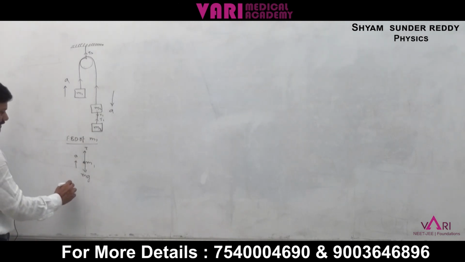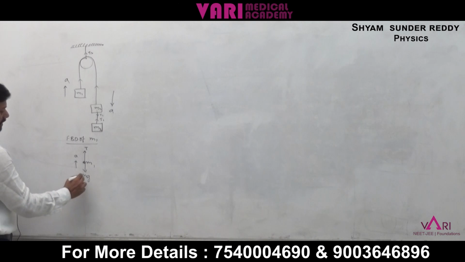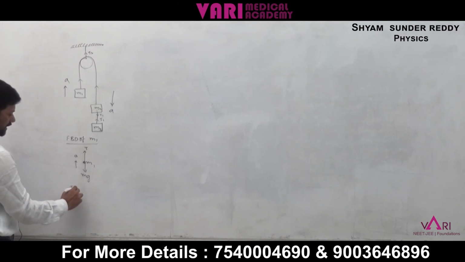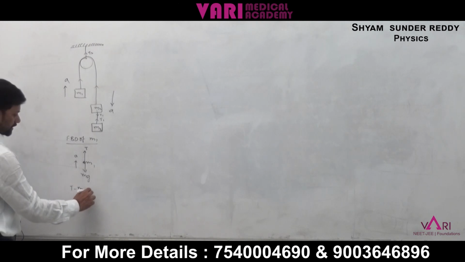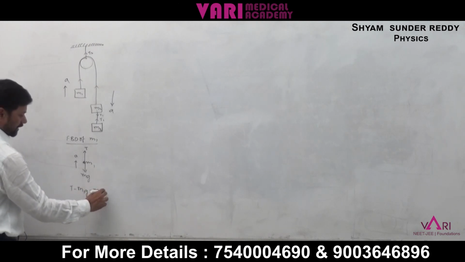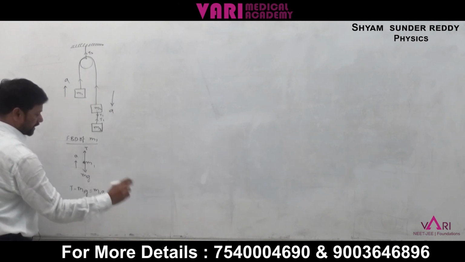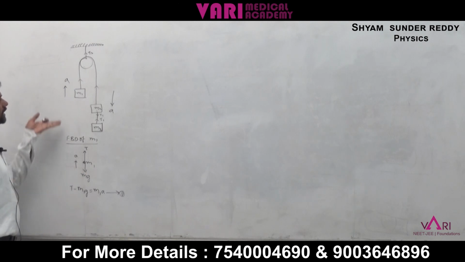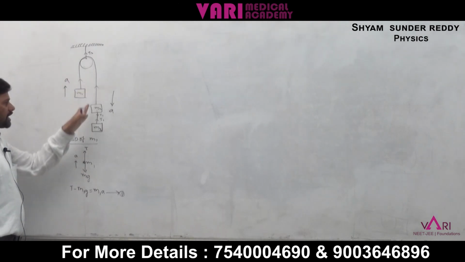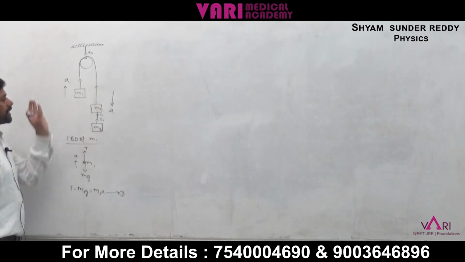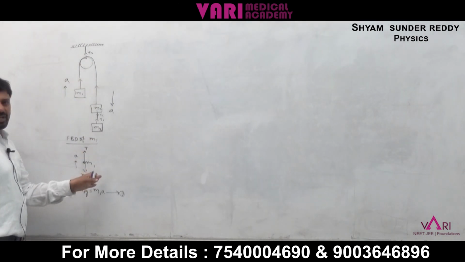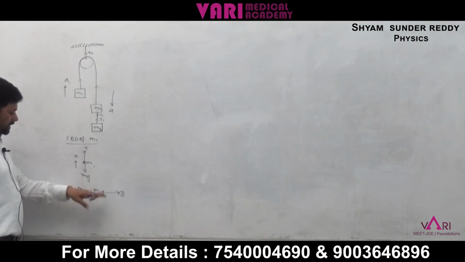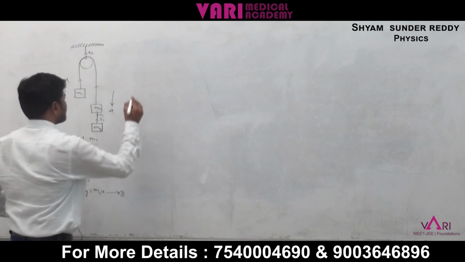So the equation is: M1g is less, T is more, so T minus M1g is equal to M1a. Take as equation number 1. It is moving upward because M2 and M3 masses are more compared to M1. That's why they are moving downward and it is moving upward.